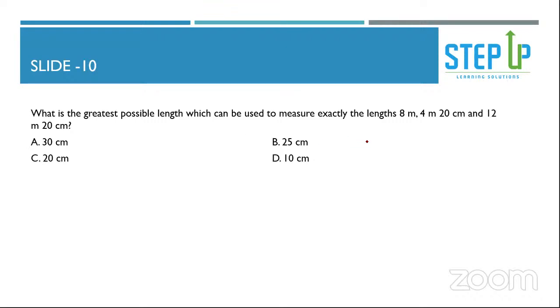So basically it is 8, 4.2, and 12.2. So we need to take LCM or HCF, greatest possible length. Ashish will explain. Let's finish this question. Then we do have time. I'll come back to that question.